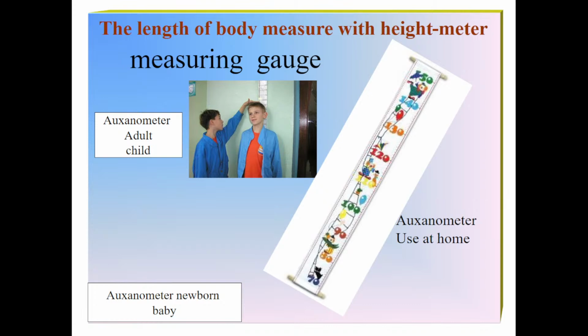Then the measurement of body length with a height meter. Height meters at different ages, different variants. The first is the stadiometer chart, a specific plan on the wall where we can see a specific scale. For a newborn, the little body must be measured in horizontal position.